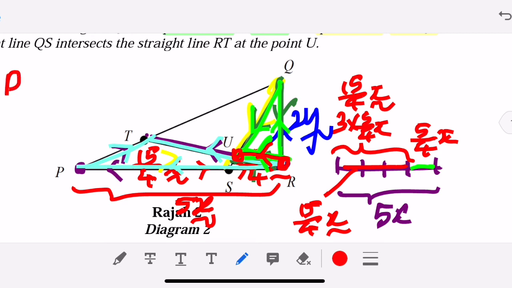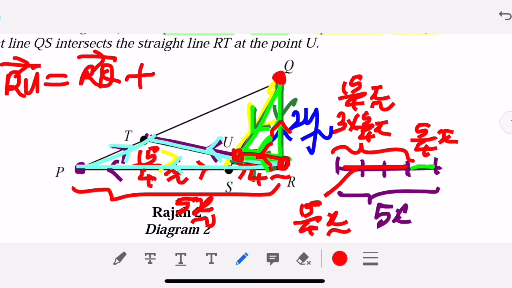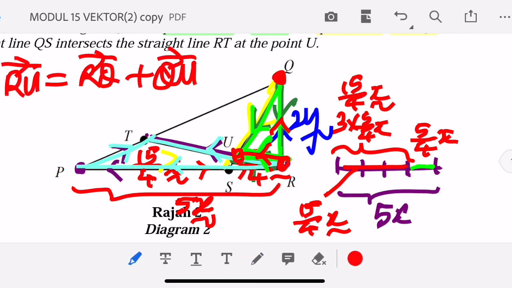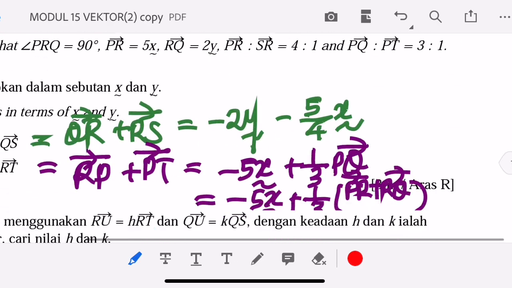So you can write RU is equal to RQ plus QU, right? This is the triangle law. We have to follow the triangle law whenever we want to solve any vector problem.